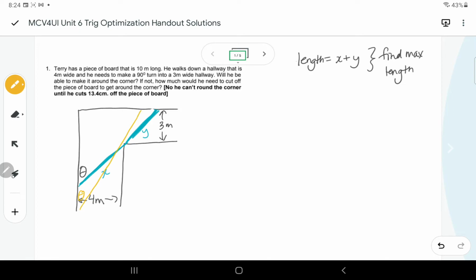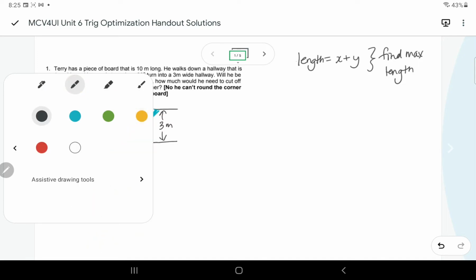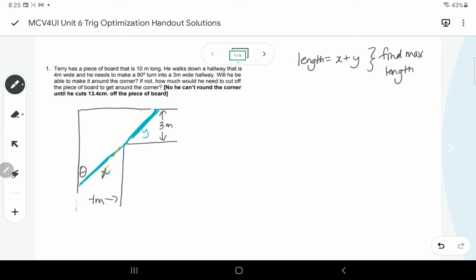This would be a different angle there, and as it moves around, it's the angle from the board to the wall that's really changing here. So I'm going to try and express x and y in terms of that angle theta. And I'll erase this yellow one because I don't want to show multiple spots of that. So I've got my x and my 4 meters there.